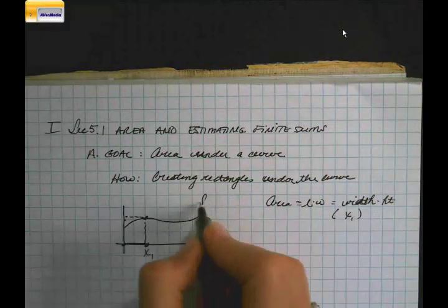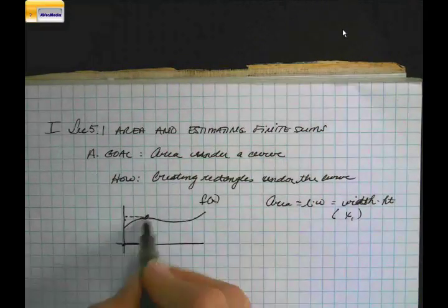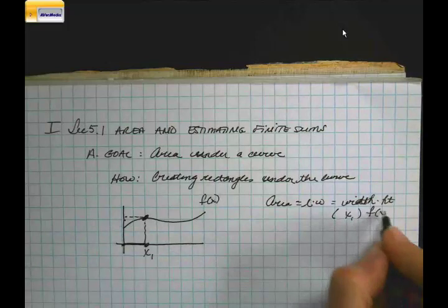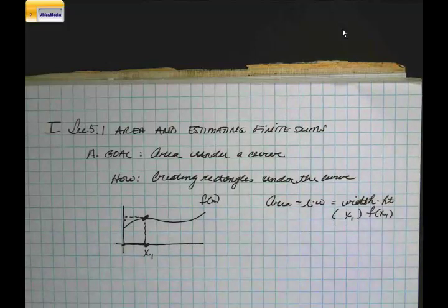And your height, if this function is f of x, is f of x sub 1. That would be your width times your height, which would give you the area of this rectangle that we've drawn between the origin and that point on the curve.